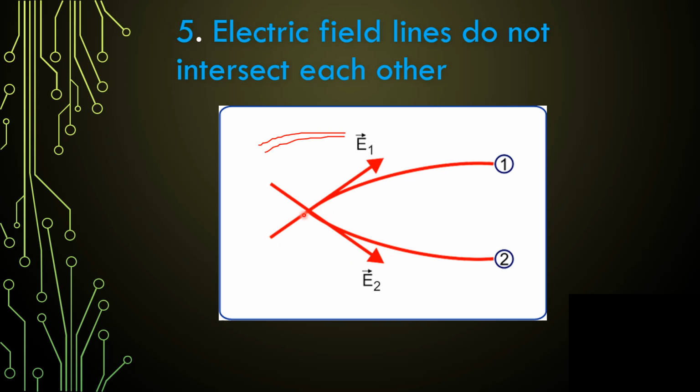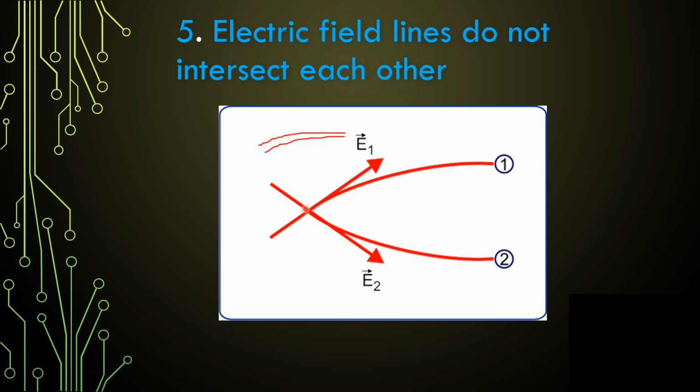Now, at the point of intersection there are two directions of tangent, so there are two directions of electric field, which is not possible. At a time, a test charge cannot move in two paths. That's why two electric field lines do not intersect.